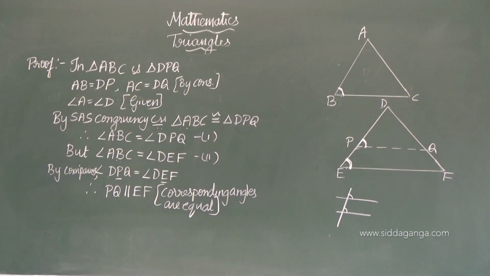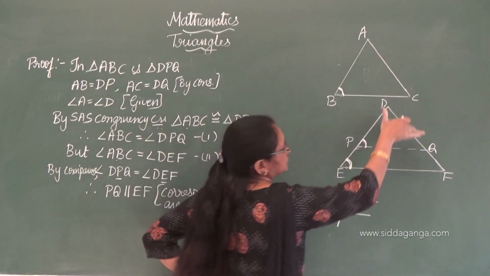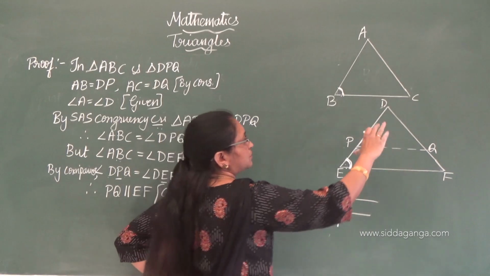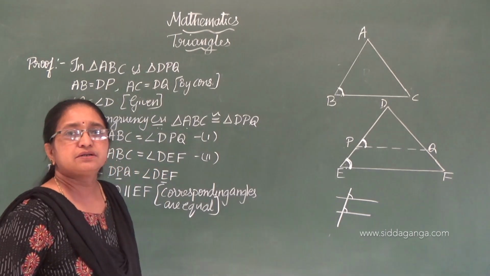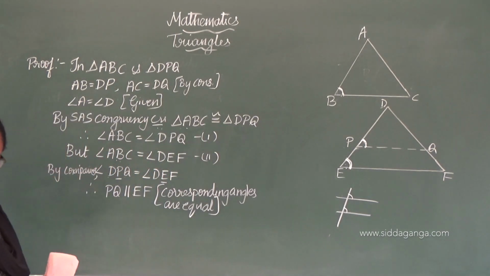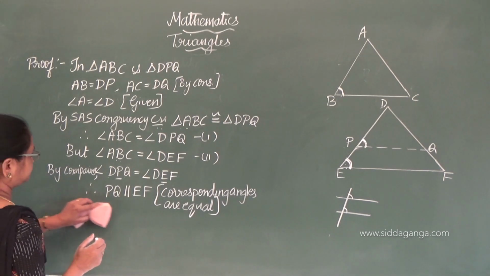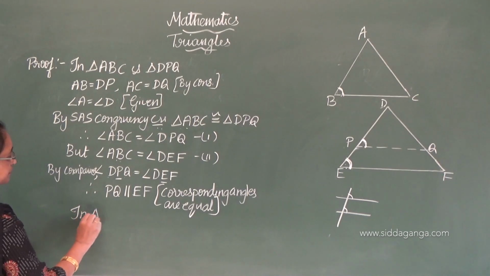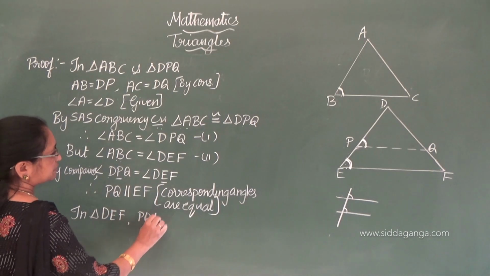I hope you understood. dP by dE also, see by corollary, dP by PE is equal to dQ by QF. Also, dP by dE is equal to dQ by dF. Do you agree with that? Corollary. Now I will write here, in triangle DEF, PQ is parallel to EF.